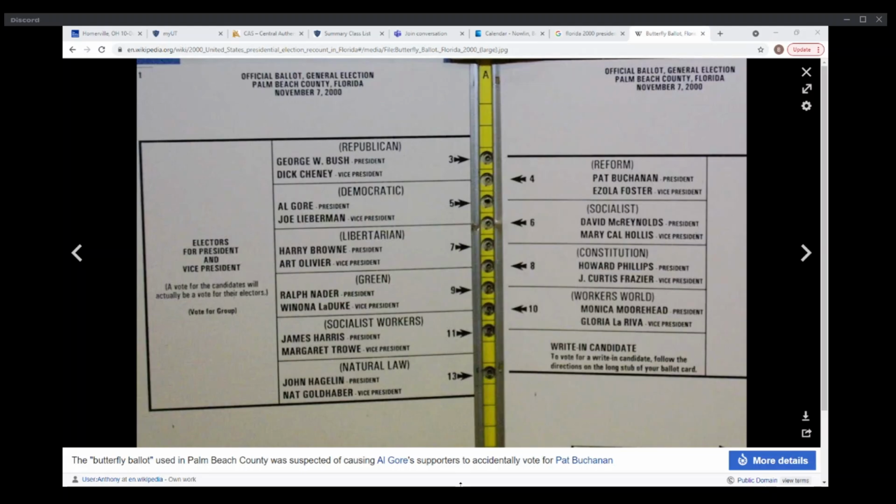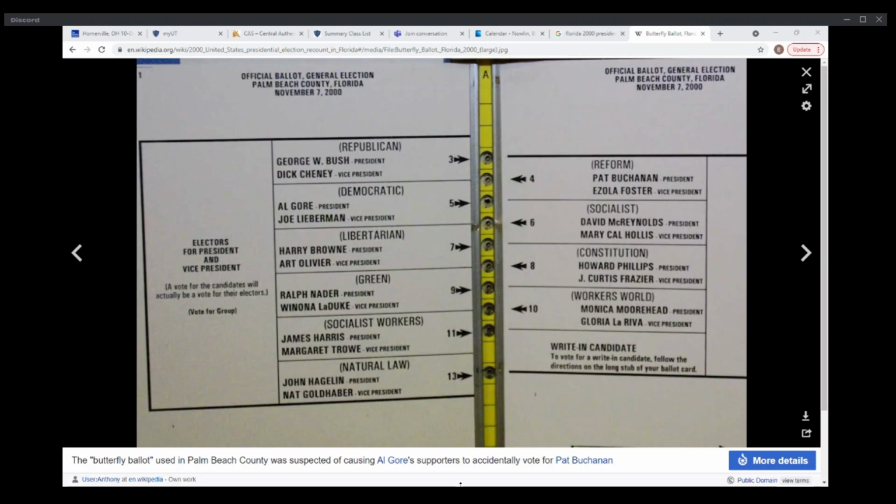This ballot's actually a punch card. So if you wanted to vote for Bush, you punched out this hole here. And the piece of paper that was removed is called a Chad. Not to be confused with the country or the male name Chad.